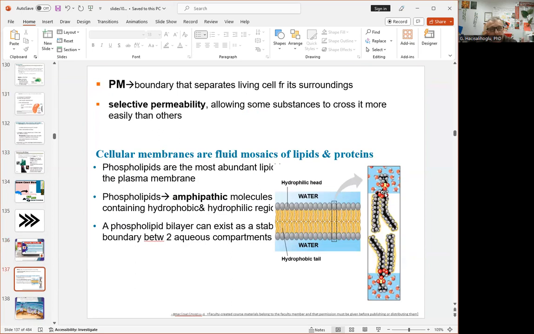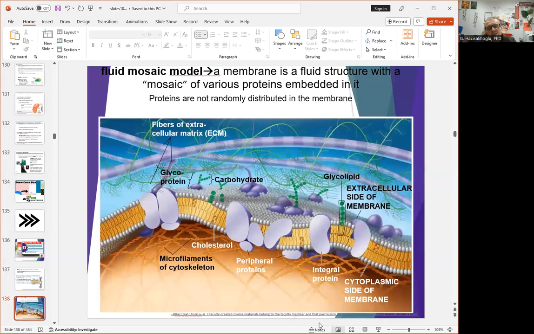So the plasma membrane, PM, is the most important membrane. It's called selectively permeable. That means basically it lets only specific things cross more easily than other things. I already mentioned the plasma membrane is made of two layers and it looks like a sandwich model. So here is a really cool picture of this fluid mosaic model, it's called.